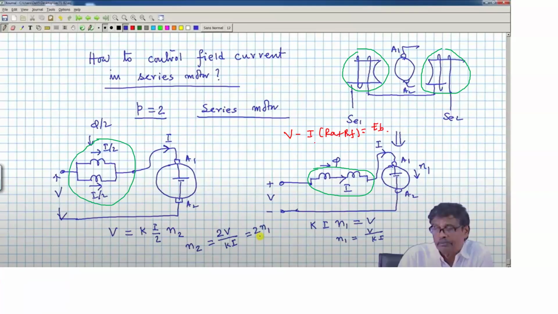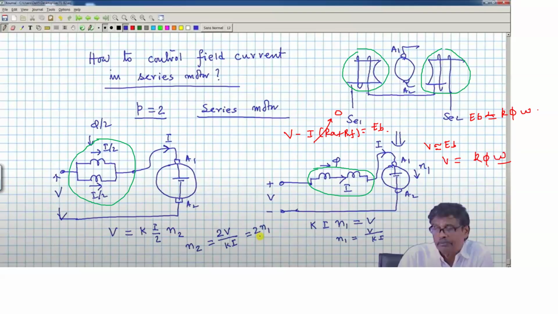Now if you neglect this drop, V and EB are almost the same. Now we know that EB is proportional to K phi omega, right? So V you can write as K phi omega.